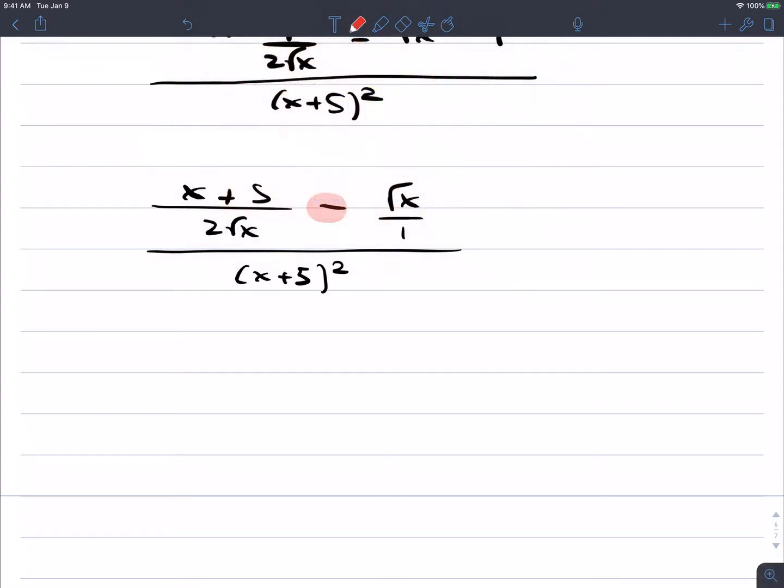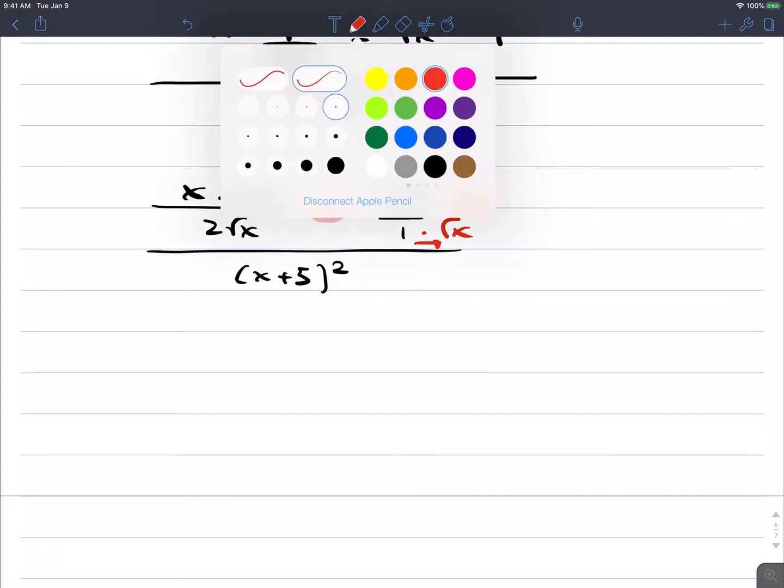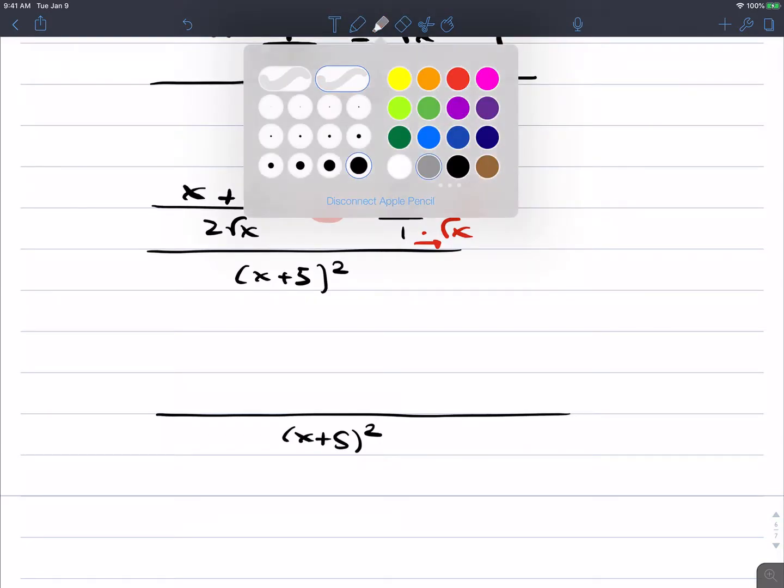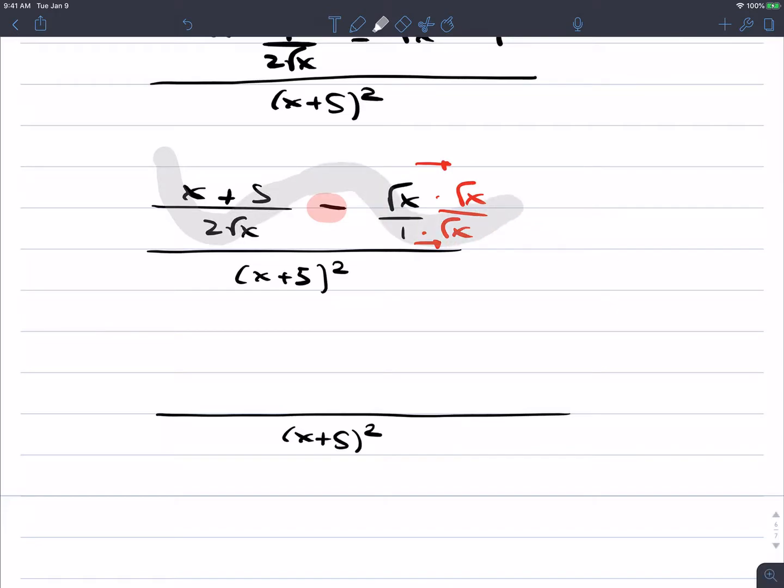So we're going to have to multiply the bottom by the square root of x and the top by the square root of x. Remember, we multiply fractions straight across here. So here's what we're going to end up with, so you know. The denominator here is still x plus 5 squared. But all our work that we're going to do here now is right here. We're going to work with that numerator.